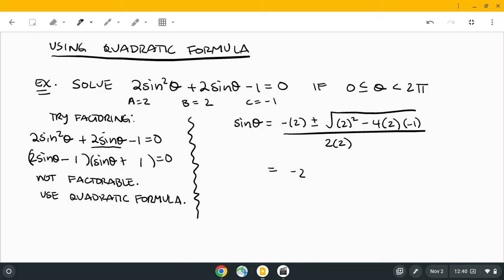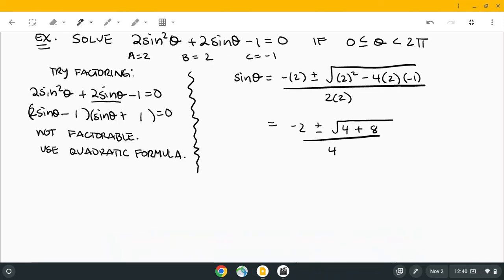So I get -2 plus or minus the square root of 4, this is going to become plus, and we get 8, all over 4. -2 plus or minus the square root of 12 all over 4.